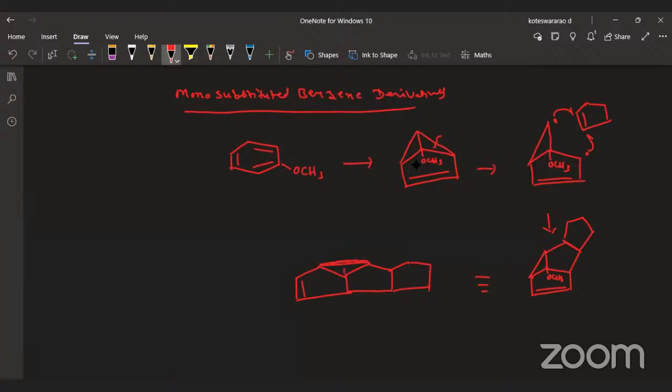But here, that methoxy group is attached like this, OCH3. That is the product. Right? This is about the cycloaddition reaction. Now coming to 2 plus 2 cycloadditions.